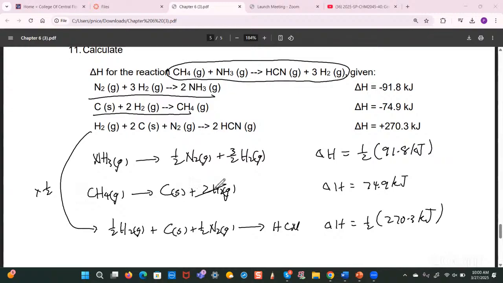Okay, so the H2s will cancel out still, because these 2 H2s will cancel out. Oh, wait a minute. Something is still wrong. Let me rewrite this here.